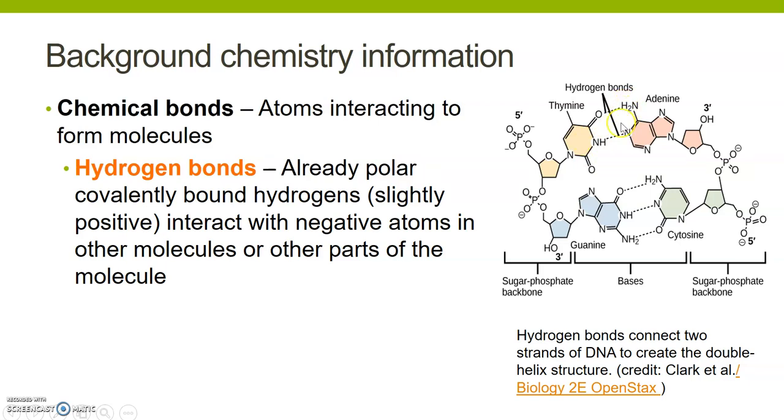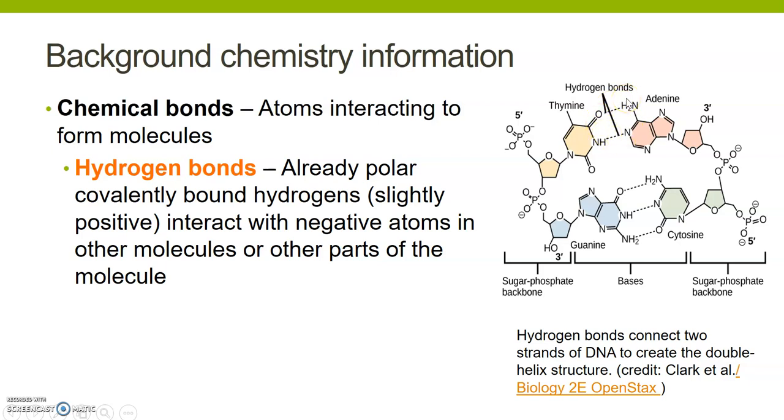Those hydrogens have slightly positive charges. Now they are going to be attracted to something that has a slightly negative charge. In this case, this nitrogen is slightly negative. It's attracted to this hydrogen. Oxygen is slightly negative. It is attracted to this positive hydrogen. That forms a hydrogen bond.